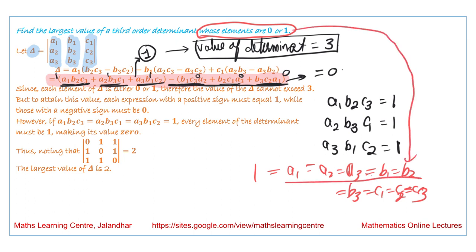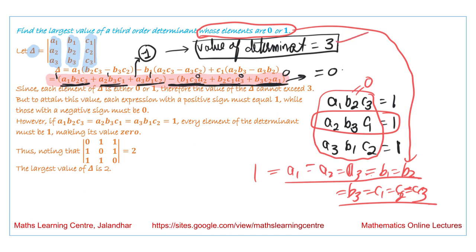If any of these is 0, say c1 is 0, then this value will become 0, and the value 3 will not be attained. So it means all these should be equal to 1.